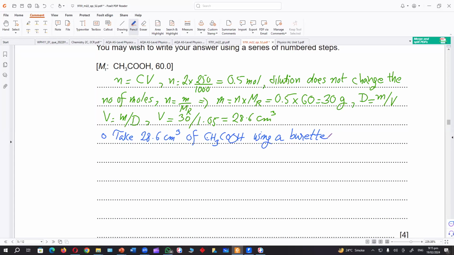So what should I do? Next step, should I transfer it to a volumetric flask? Yeah.